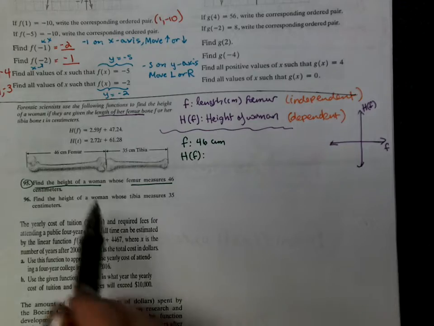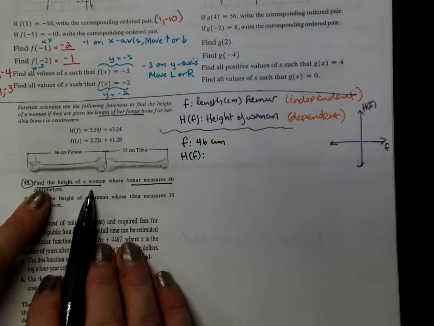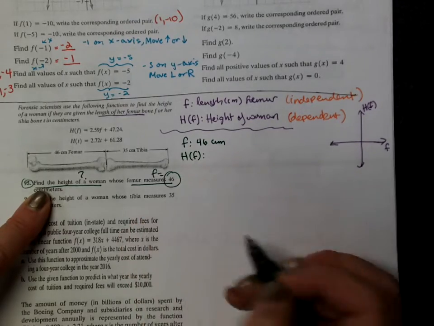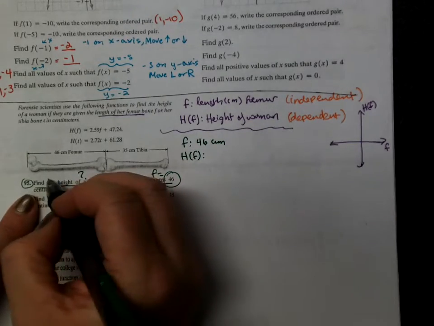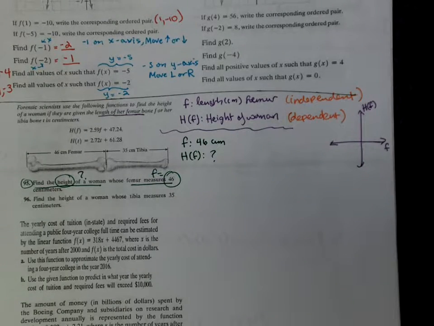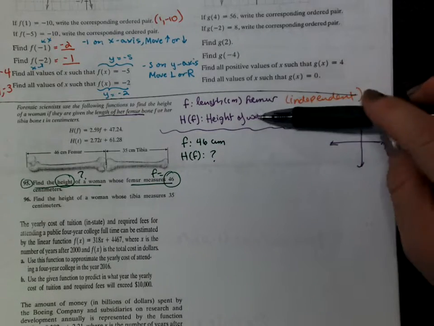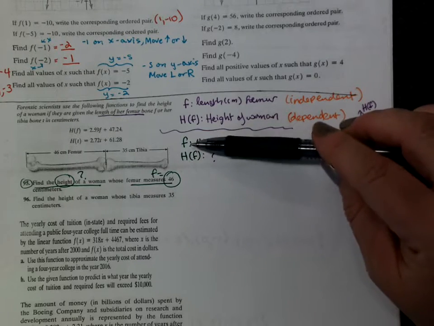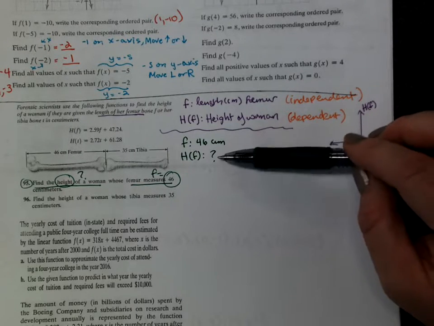And what's unknown, because that's literally in the question, find the height, which means we don't know it. So we know the femur, but we don't know the height. So identify what your two variables stand for, and then write your two variables again and fill in the one you know to figure out which one's missing.